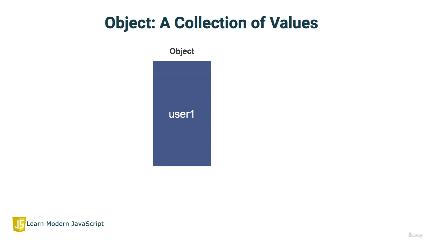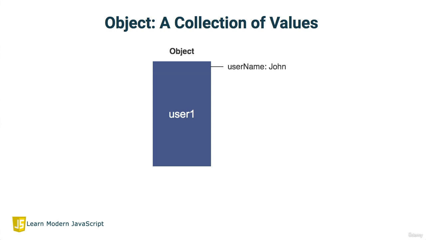Now, for this example, this object is going to keep data about a user. And so all the data attached to that object is going to be about a user. And so this happens to be user1. So let's look at some of the data we could have associated with this object. We could have a username.